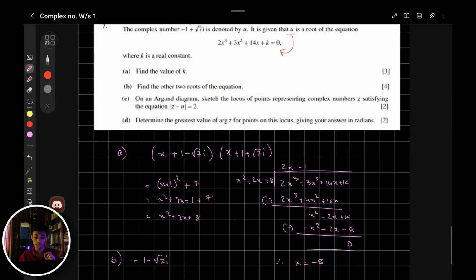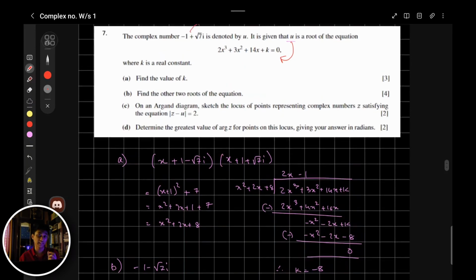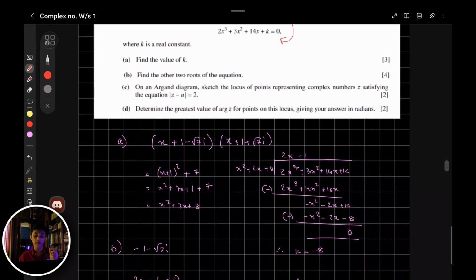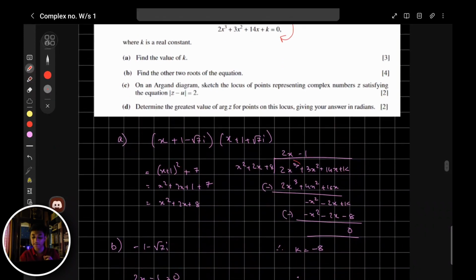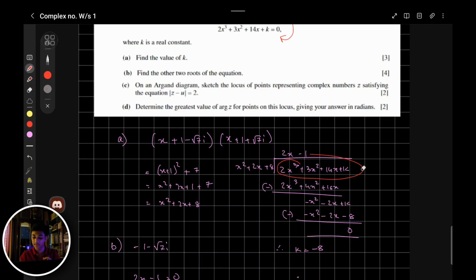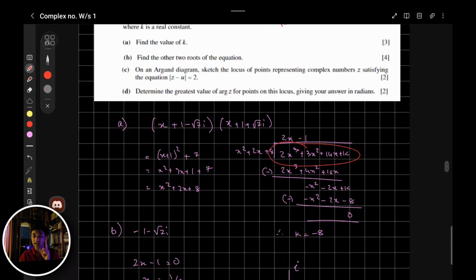So what can you do? If you want to find out the value of k, which is a constant, one method would be by dividing this entire equation by one of the factors. In this case, we know the quadratic factor. So if you divide this entire equation by it, you're going to have a remainder of 0, and you're going to get a quotient, or another factor.